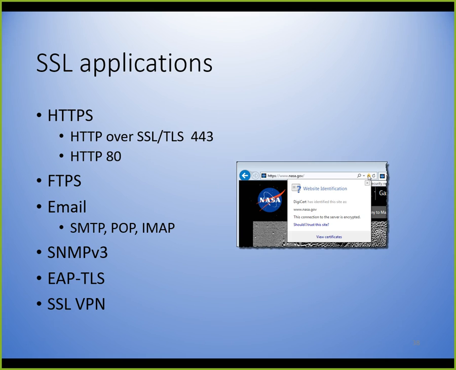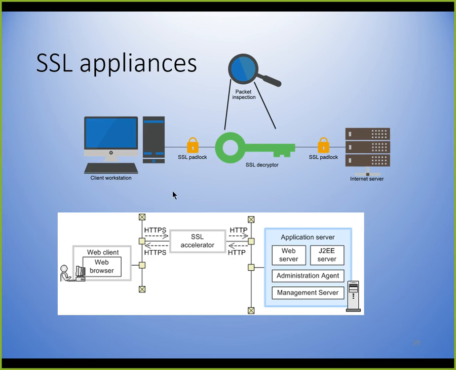Email, SMTP, Simple Mail Transfer Protocol, is sending. POP3 and IMAP are receiving. SNMP v3 is a secure one, and then EAP, Extensible Authentication Protocol, TLS, and then SSL VPNs. And SSL VPNs are pretty popular because port 443 is typically going to be open on a firewall. You don't have to go and do more configurations on it.